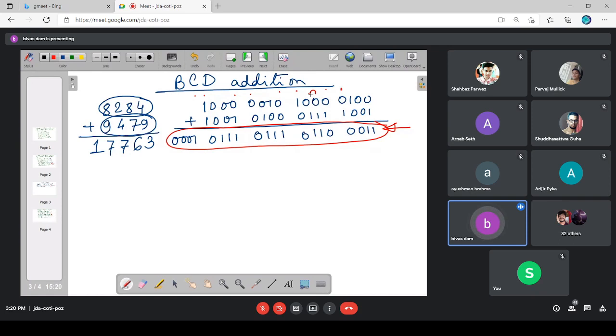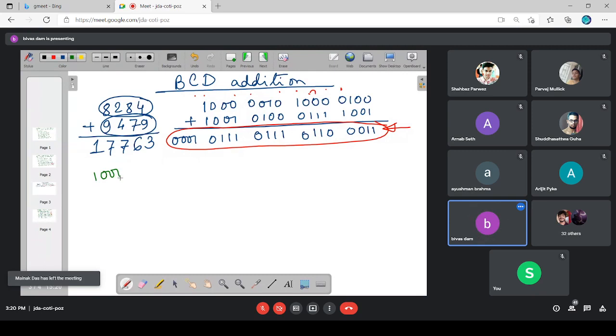Now, for which purpose will we be checking it, or what shall I go for? What check shall I make there? We have to find out whether any nibble is greater than 9 or not.